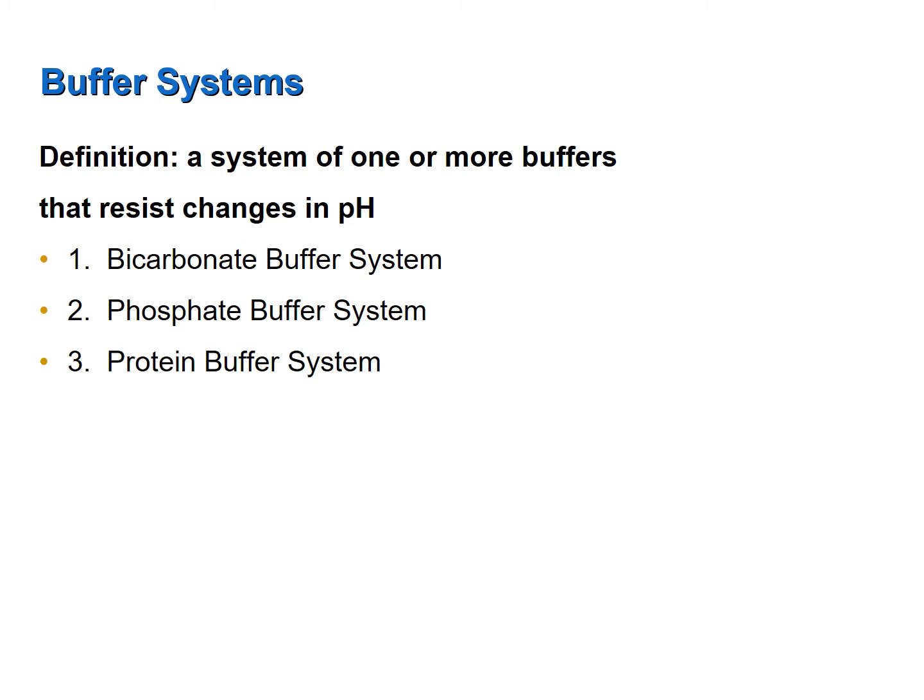And when I say you should be familiar with them, I'm going to show you details about these three systems, but honestly, I really only want you to be able to recognize them, that is, know them by name, and also have an idea of their relative strength. And as I did earlier, I have placed them in order of strength. So your bicarbonate buffer system is your weakest, your phosphate intermediate, and your protein is the strongest.